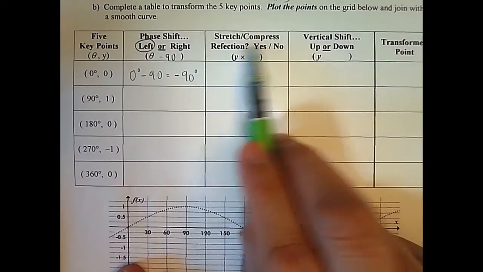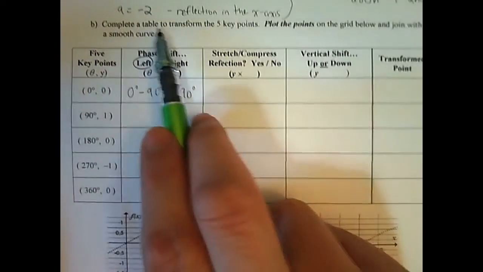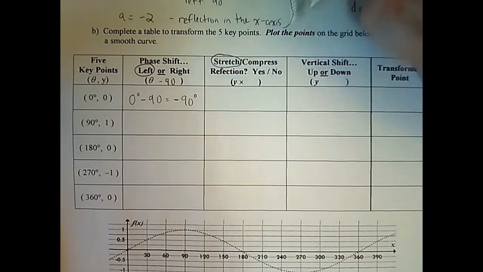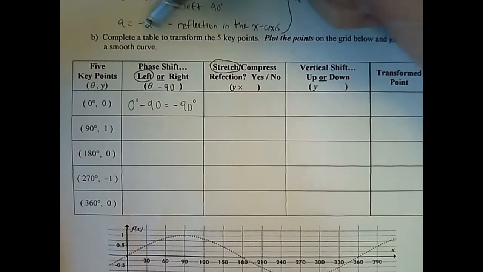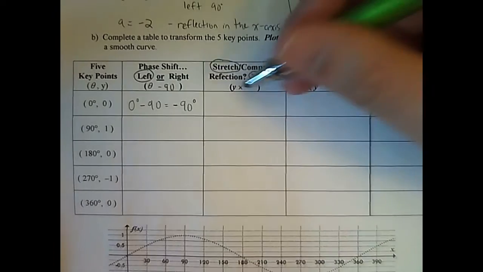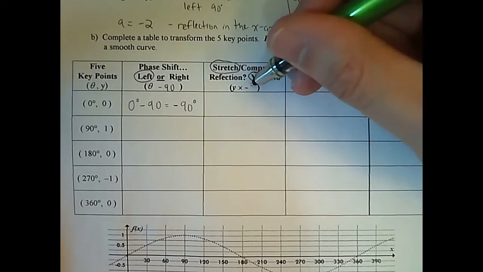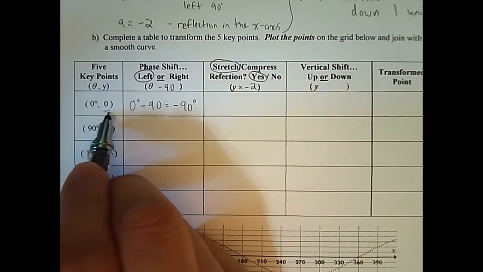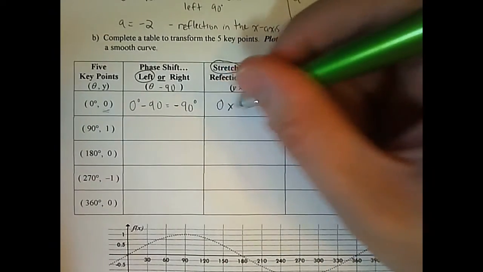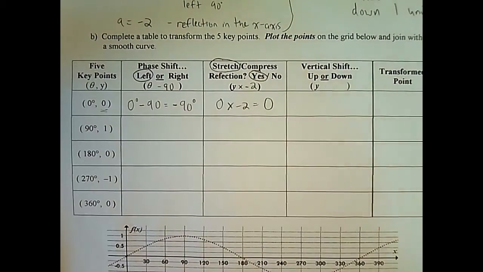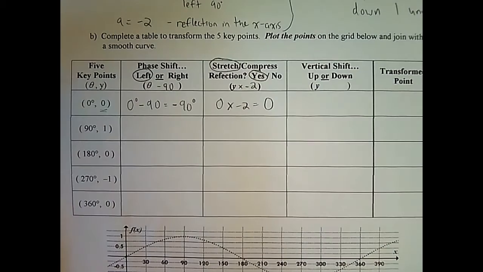Is there a stretch or compression? Well, we said it's a whole number, so we're going to have a stretch. And we said the a value is a negative number, so there is going to be a reflection. So our y is going to be multiplied by negative 2. The y value in this case is 0. 0 times negative 2 is still 0. And now we do our vertical shift, up or down.